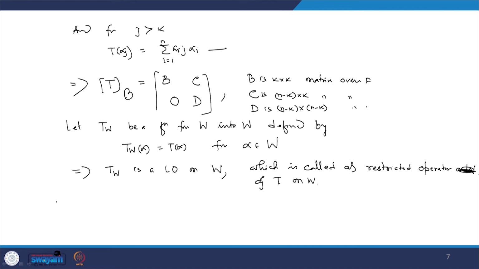So, we have the matrix representation of T w. The matrix representation of T w with respect to the ordered basis B star, that is alpha 1, alpha 2, alpha k, is nothing but your B matrix.